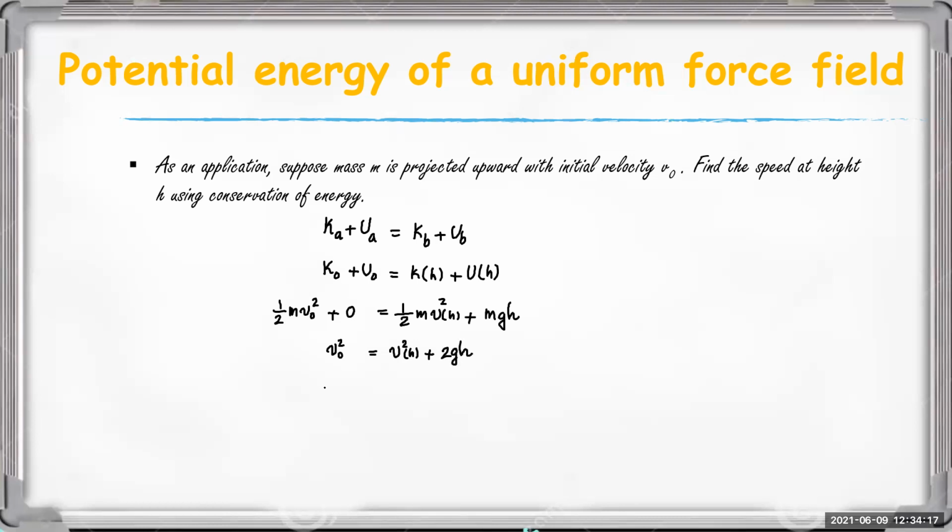We have to find the expression for v squared of h, that is equal to v0 squared minus 2gh, or v of h is equal to the square root of v0 squared minus 2gh. This is the speed at height h using the conservation of energy.